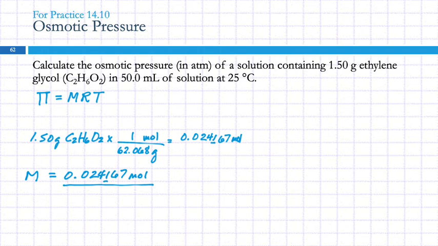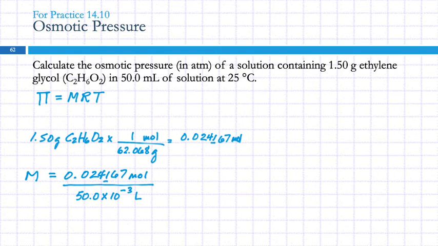So if you're good at just moving the decimal point, you can do it that way, or you can write out the whole conversion, or you can do this. 50.0 milli stands for times 10 to the minus 3 liters.